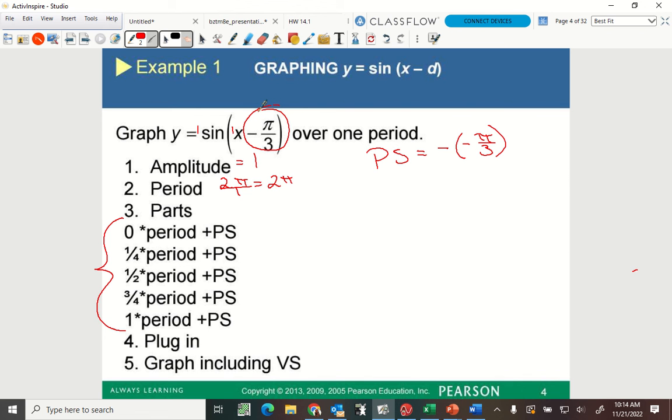So my expression now is going to look like this: 0 times my period, which is 2 pi, plus pi over 3.